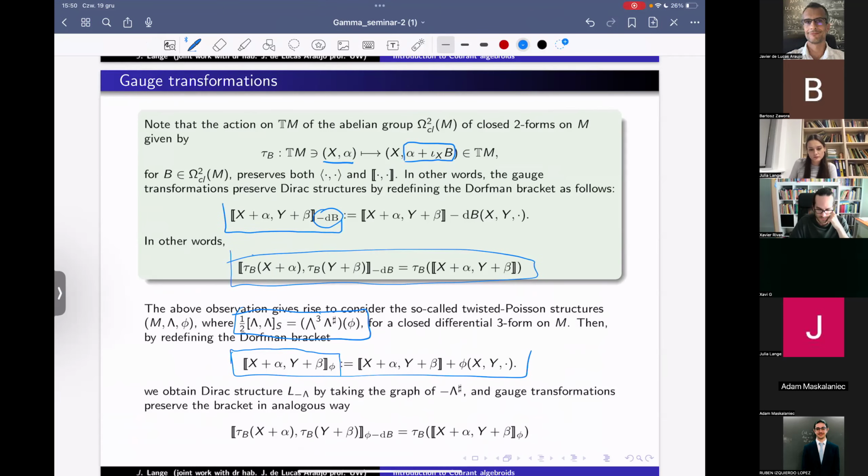As I understand, when you take this twisted structure in a particular case, which is the group, is there any connection between phi and, for instance, the Maurer-Cartan form? In this particular case?